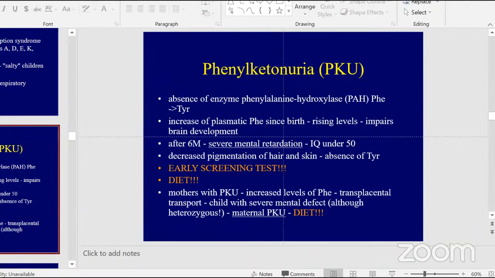Because there is no conversion of phenylalanine to tyrosine, accumulation of phenylalanine is seen. If you eliminate phenylalanine from the diet, then to some extent you can prevent the other effects.